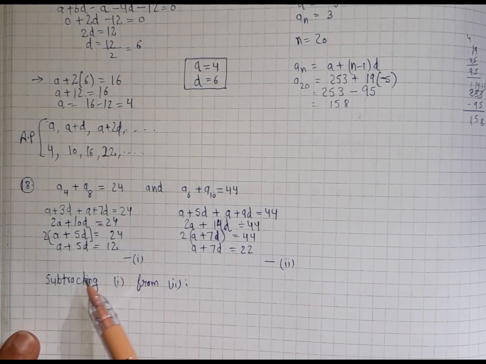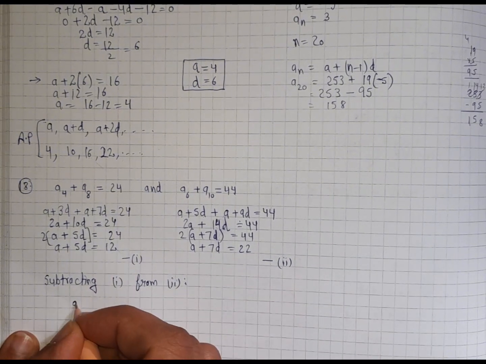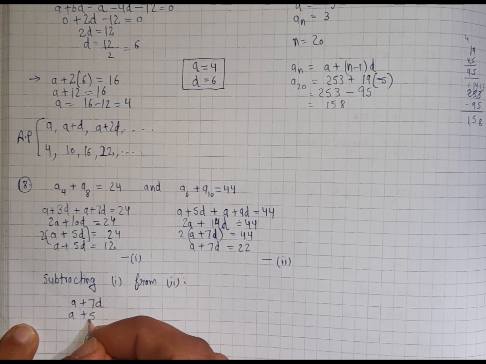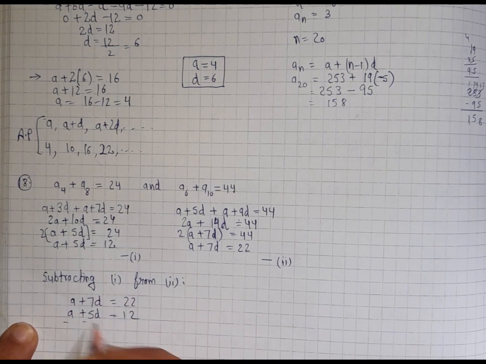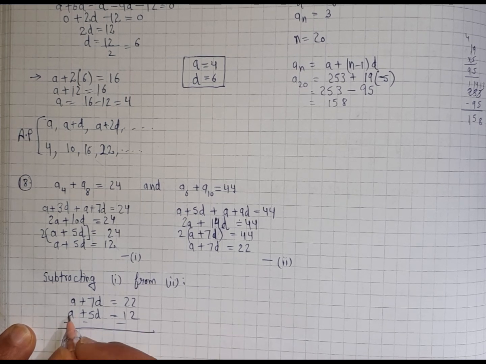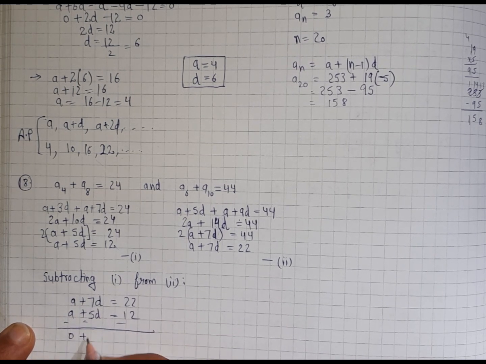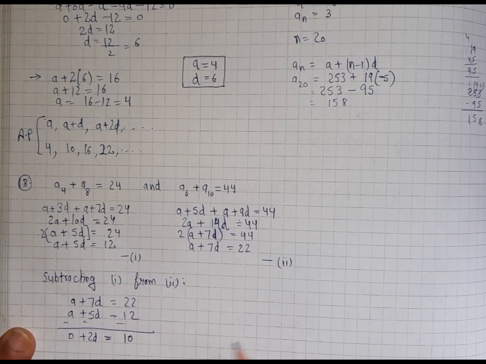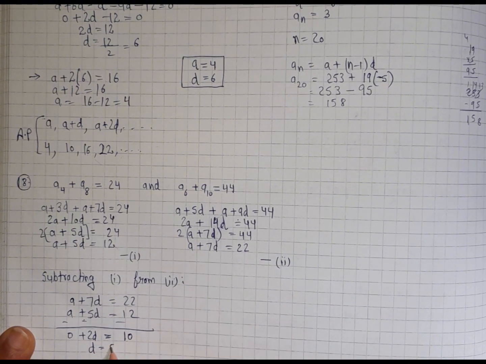Now subtracting the first from the second equation, we have A plus 7D minus A plus 5D, changing the signs, A minus A is 0, 7 minus 5 equals 2D and 22 minus 12 equals 10, which implies D equals 10 upon 2, that is 5.